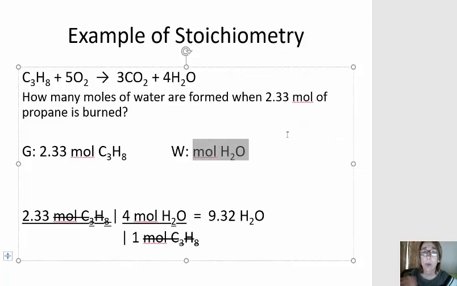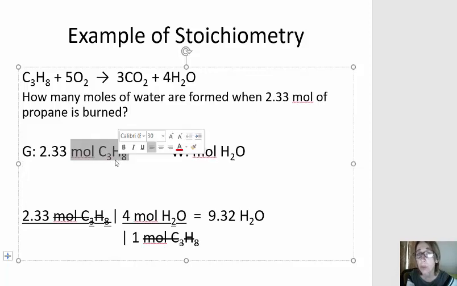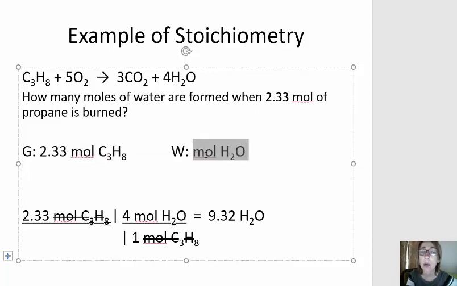So looking at where I'm starting and where I'm ending up, I know this is a stoichiometry problem because I'm given an amount of one chemical, 2.33 moles of propane, and I'm asked to figure an amount of a different chemical, moles of water.